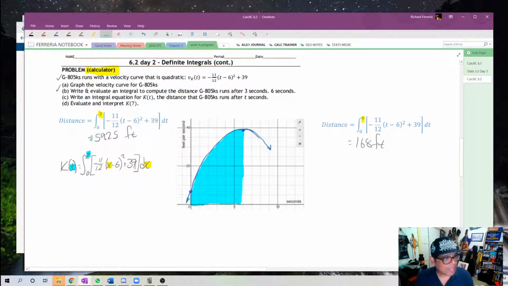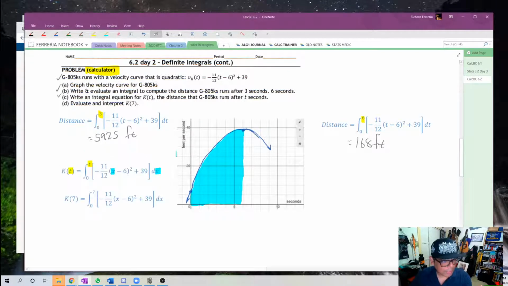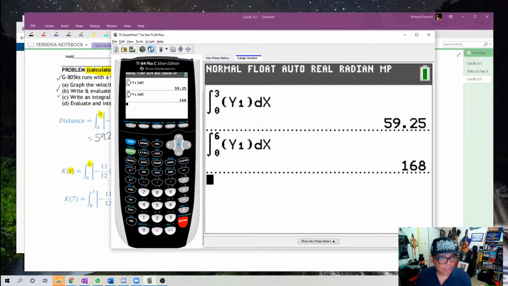Okay, so that takes care of my part C, and part D is to evaluate and interpret K(7). The integral here shouldn't be surprising. K(7) is going to be the exact same integral as K(t), but we're just replacing a t with a 7. Let's grab our calculator, and really quickly, you'll see how fast this goes.